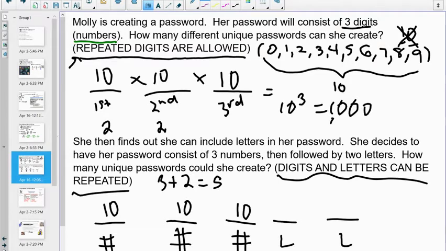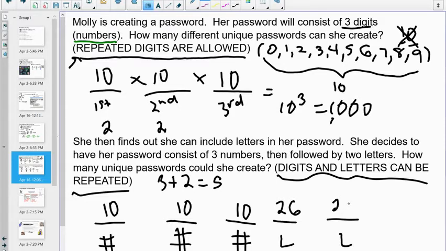And then if we get to letters, this is where it gets a little different. Remember, you got to think of how many letters are in the alphabet. There are 26 letters. So that means if she's picking a letter, she has 26 options. And again, if she's picking another letter after that, repeats are allowed. So if she's picked the letter J, she can pick the letter J again.